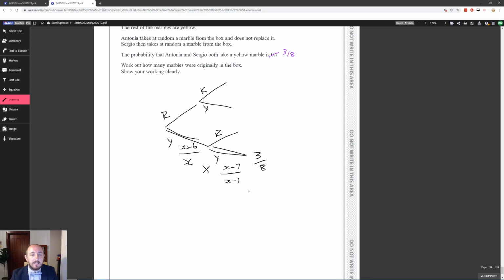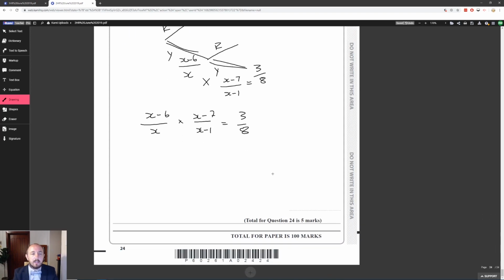And when we multiply these together, we get 3/8, because when you multiply down the branches, you get the probability at the end. So we're going to do x minus 6 over x times x minus 7 over x minus 1 is equal to 3/8. That's our initial quadratic that we're going to set up.